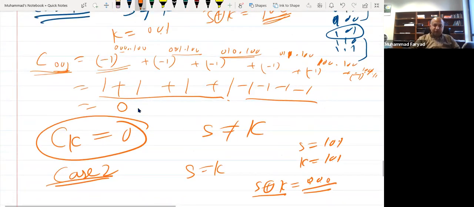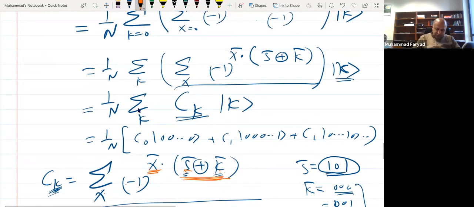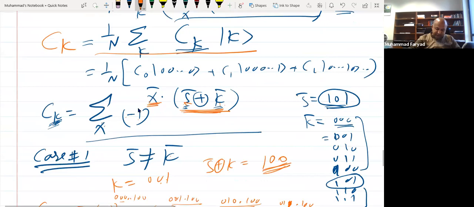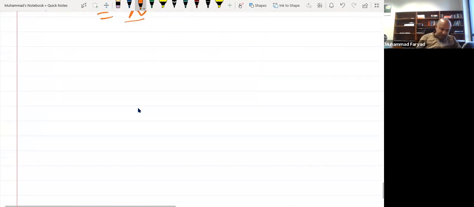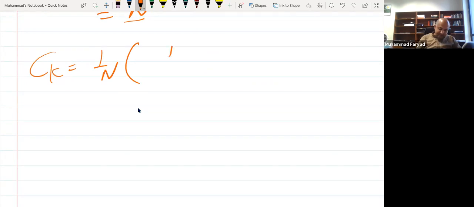And so let's go back to this result. So this is C_K, let me write it again. This was 1 over n, sum over k from 0 to n minus 1, C_K times the state k.